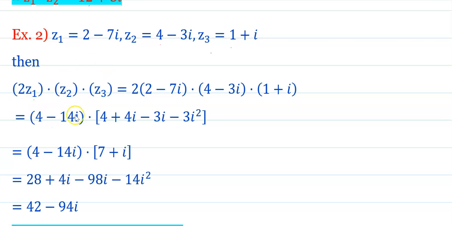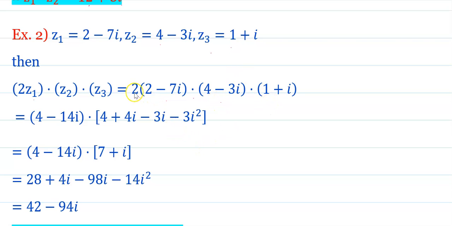2 Z1 dot Z2 dot Z3. Okay, the direct multiplication of these three complex numbers, but first it is multiplied with the 2. Therefore 2 in bracket 2 minus 7i into 4 minus 3i into 1 plus i.